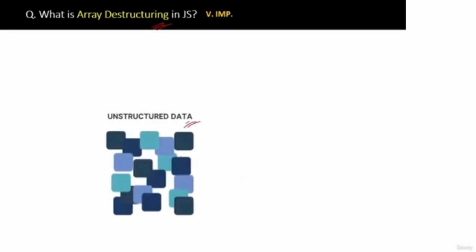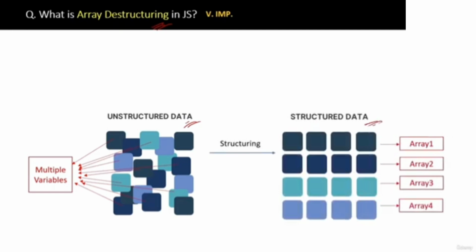What is array destructuring in JavaScript? Good question. If you remember, when our application had lots of unstructured data that could take multiple and different types of variables to store, right, without arrays, then what do we do? We use arrays to structure the data, which is a very good practice, right?